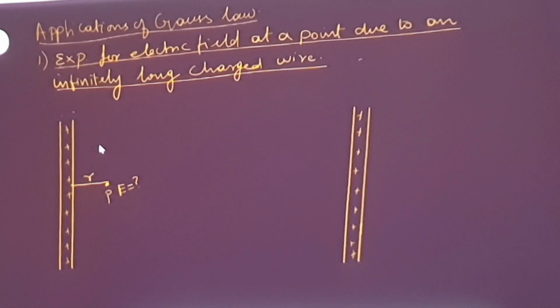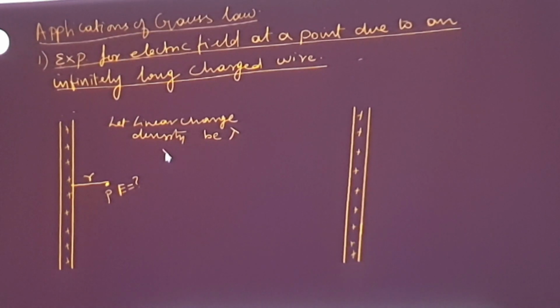In order to calculate the electrical field at this position, first of all, we have to consider a linear charge density. Let the linear charge density be considered to be lambda.